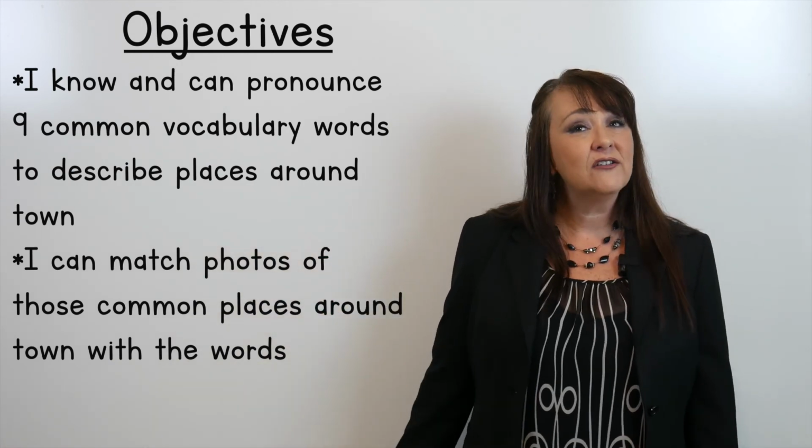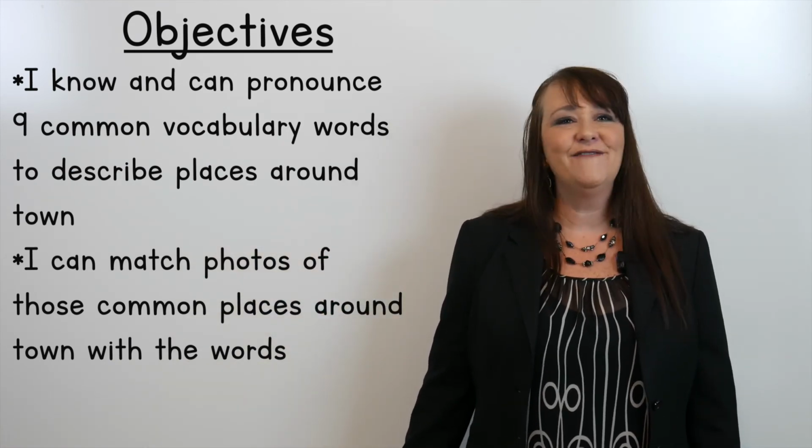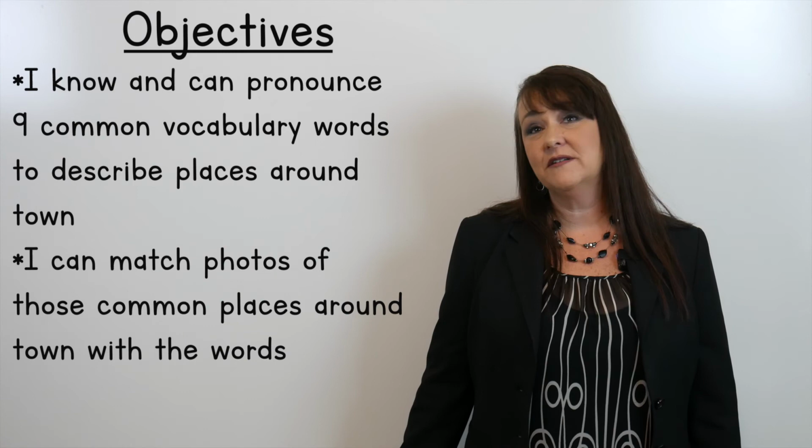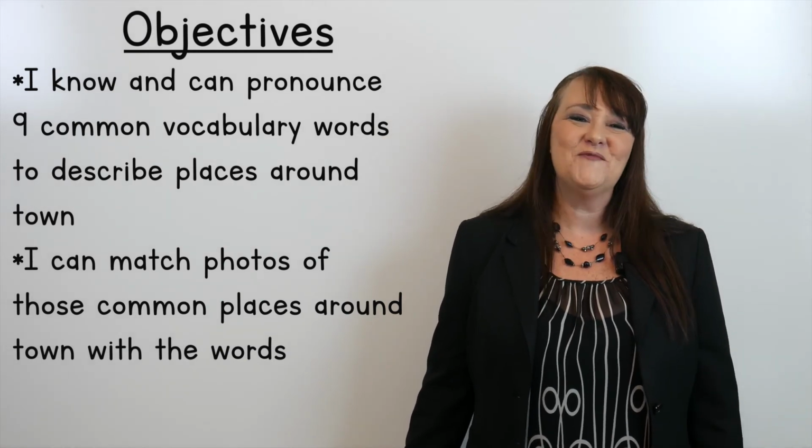Can you match photos of these common places around town with the words? You've had some practice with that too. You also had practice listening to these words and writing them down. So that concludes today's lesson.